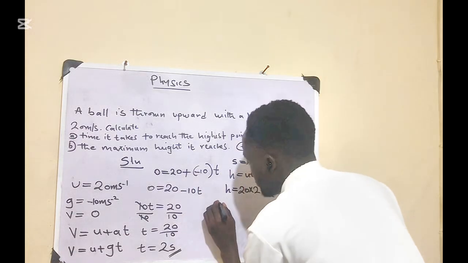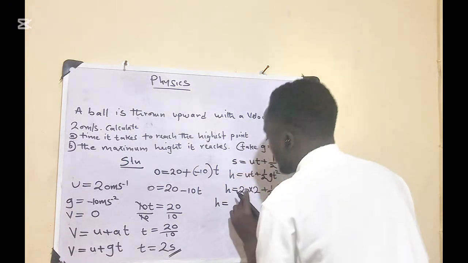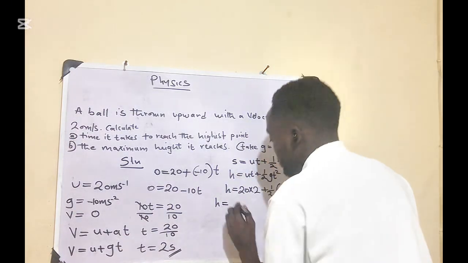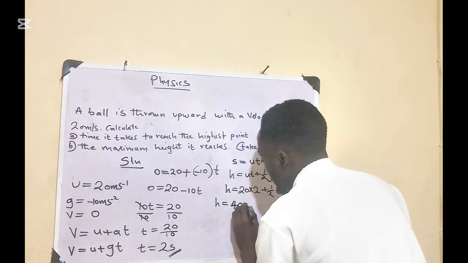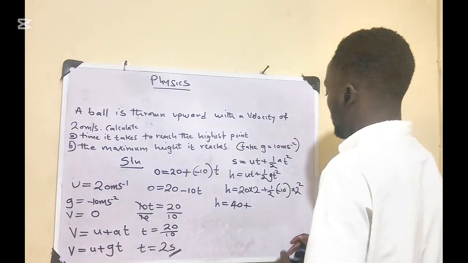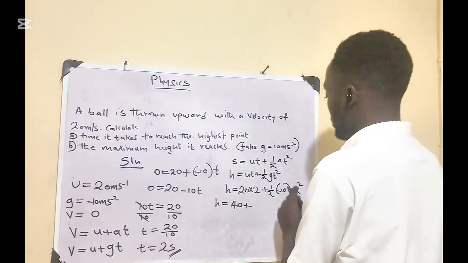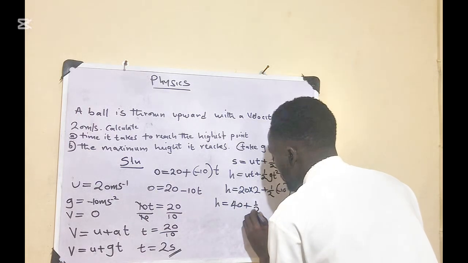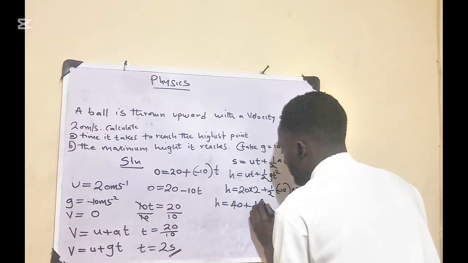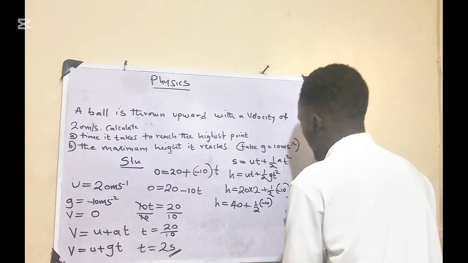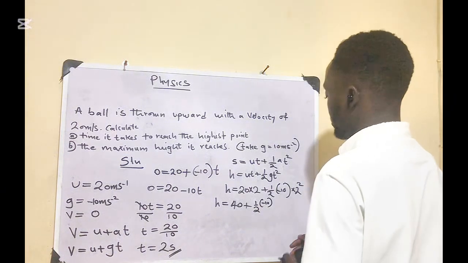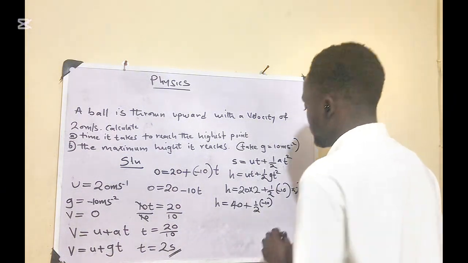So h is going to be 20 times 2, which is 40, plus 1 over 2 times minus 10, then 2 squared. 2 squared is the same thing as 2 times 2, which is 4.